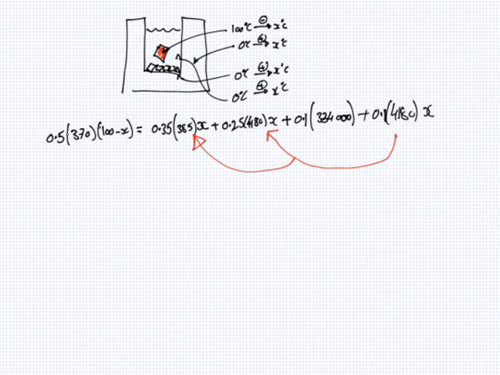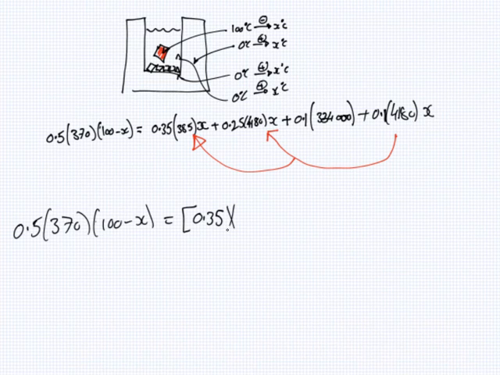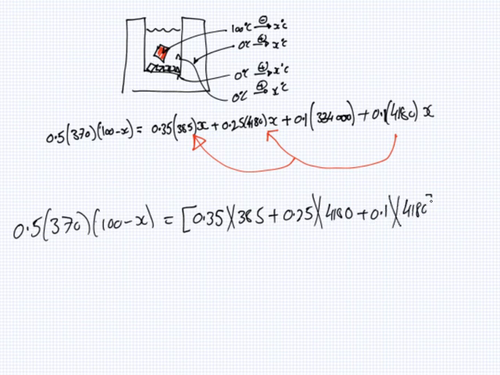So 0.5 times 370 times (100 minus x) equals 0.35 times 385 plus 0.25 times 4180 plus 0.1 times 4180x, plus 33400. I got it. I got it.